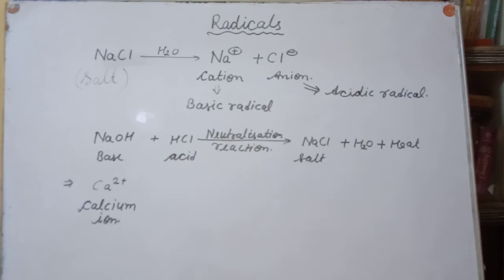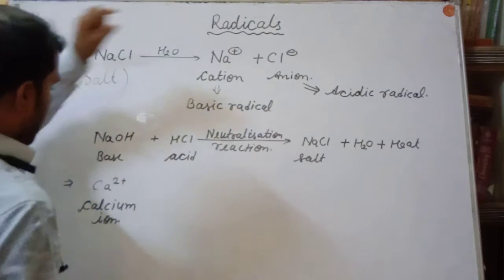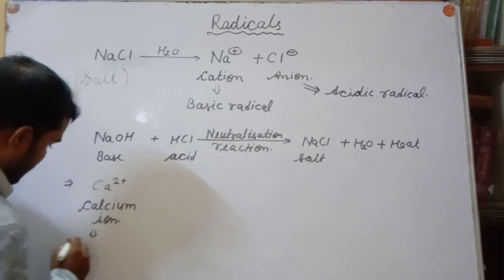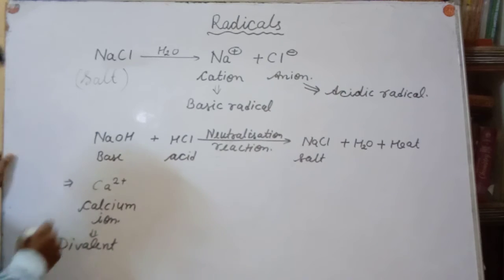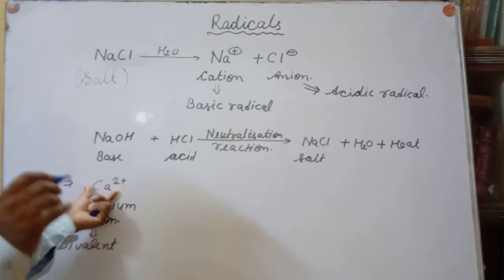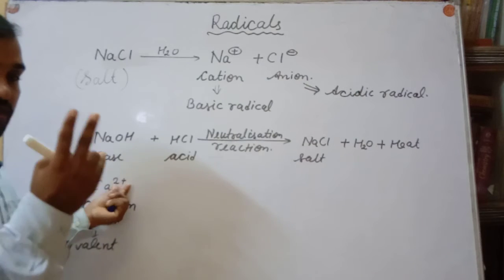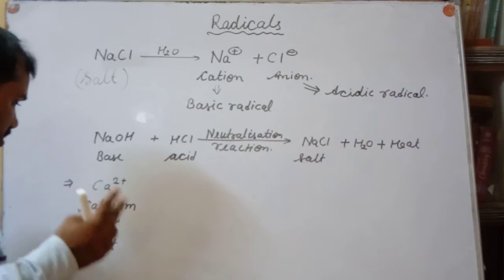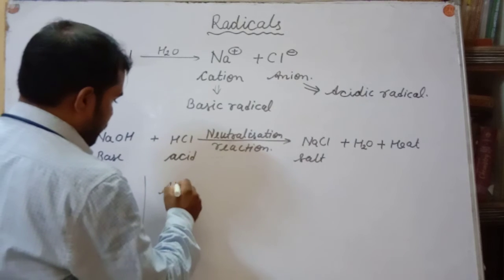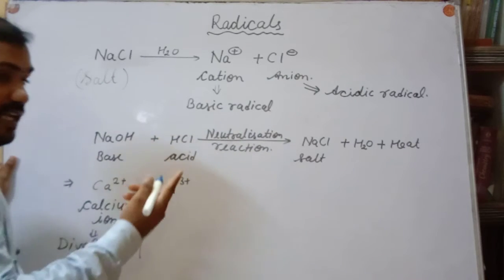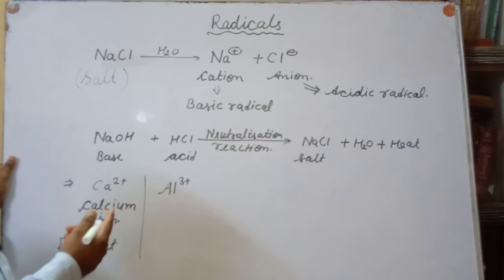Na+ is monovalent and this is divalent. Divalent electropositive species: di means two charge. Similarly, aluminium 3+ is the trivalent aluminium ion.